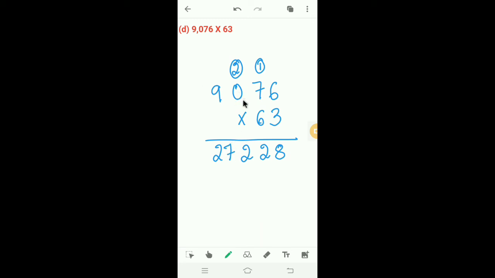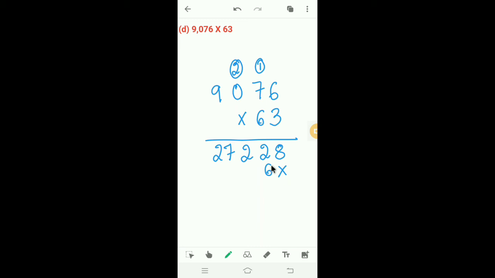Before multiplying with the tens digit of the multiplier, write a multiplication sign in the ones place. Next we should multiply 9076 by 6. 6 sixes are 36.